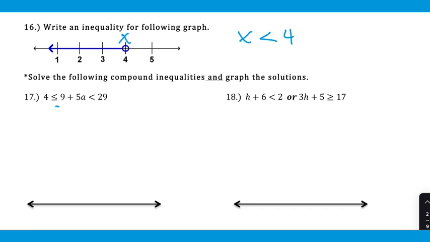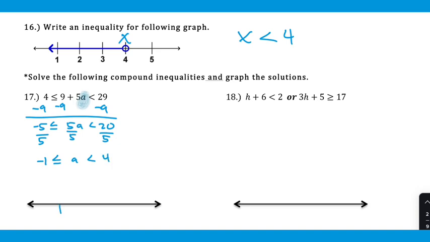17, this is an and situation because they're not written as 2 separate inequalities. So we need to subtract 9 from all the sides and then divide by 5 to isolate that variable. Remember, we're isolating the A. And we read and write from the variable's perspective.